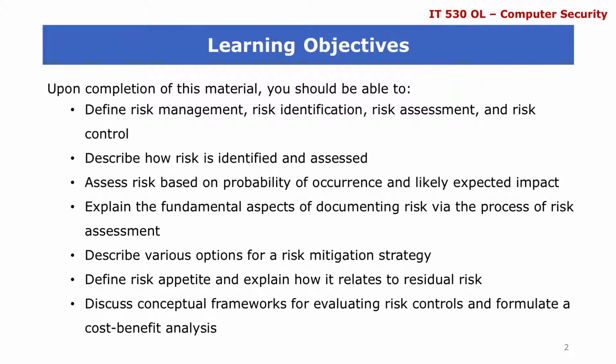We should also be able to describe various options for a risk mitigation strategy including applying risk controls. We should be able to define risk appetite and explain how it relates to residual risk. Lastly, we should also be able to discuss conceptual frameworks for evaluating risk controls and formulate a cost benefit analysis.